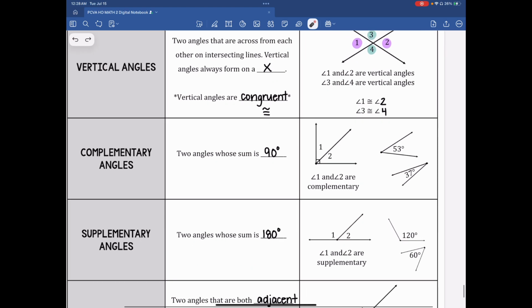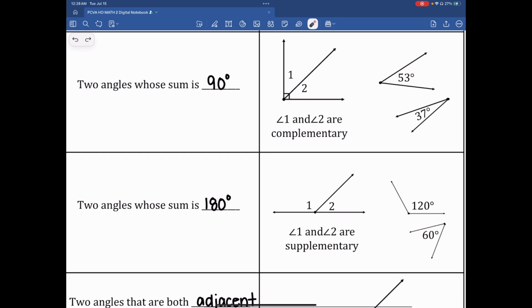All right, we also have what we call supplementary. Supplementary angles are angles that add up to be 180 degrees. We also have adjacent angles that we call a linear pair, because the two angles together, angle 1 and angle 2, make a straight line as the angles form out and make 180 degrees.